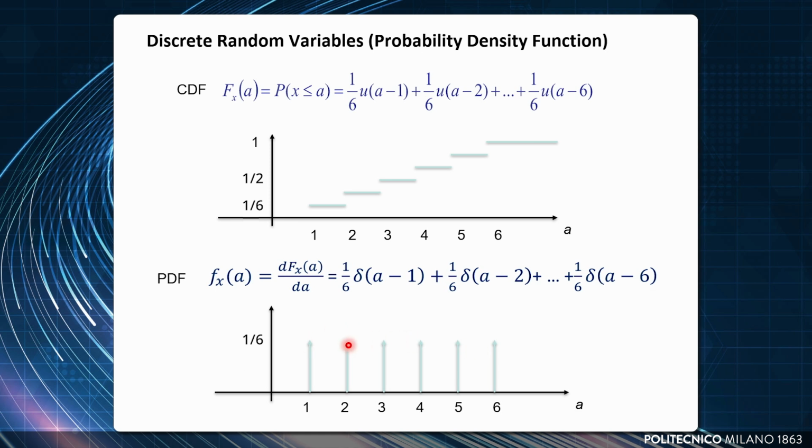Notice that the sum of all these areas is 1. That is, the integral of the probability density function is 1 as always.